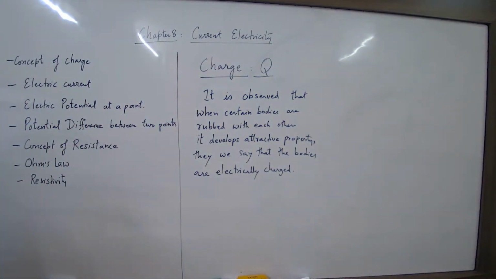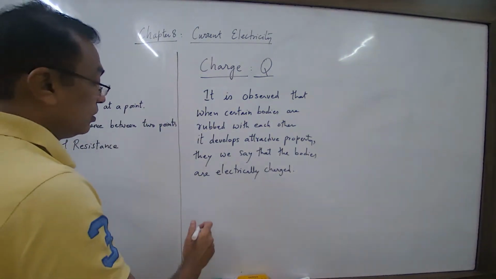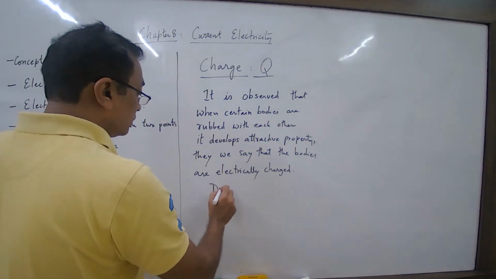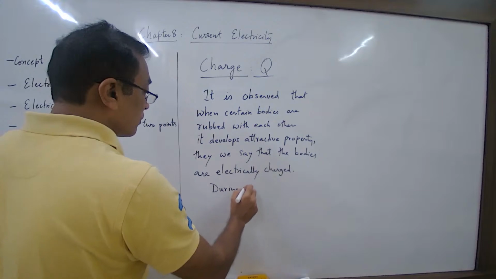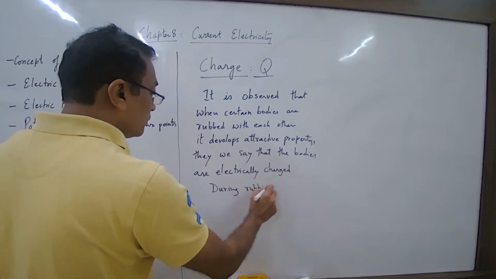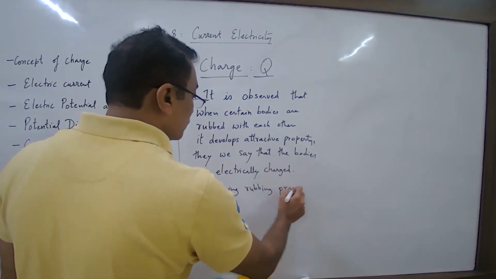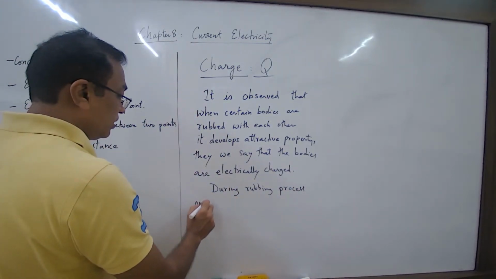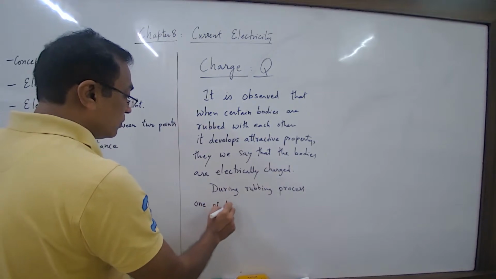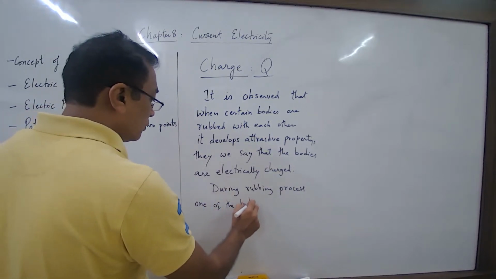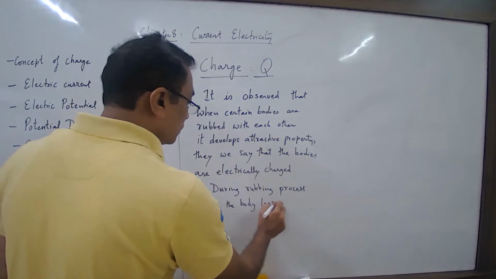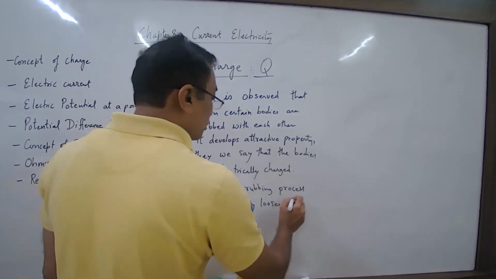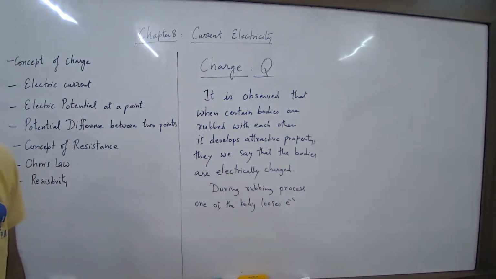Okay? So what happened during the rubbing process? During the rubbing process, one of the bodies loses electrons, like many electrons, right?